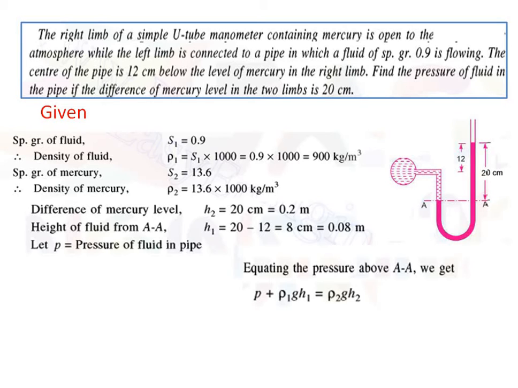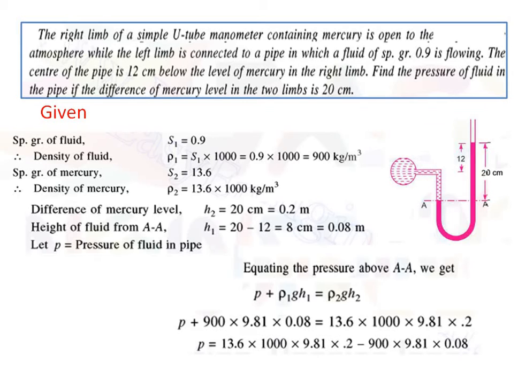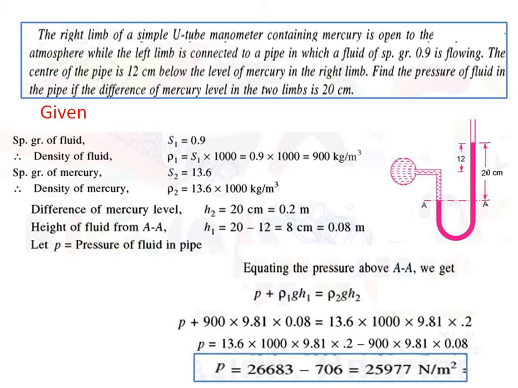So P can be calculated as P equals rho 2 G H2 minus rho 1 G H1, that is, P plus 900 into 9.81 into 0.08 is equal to 13.6 into 1000 into 9.81 into 0.2. So P is the difference between these two, and therefore P is equal to 25,977 Newton per meter square. So this is the pressure inside the pipe.